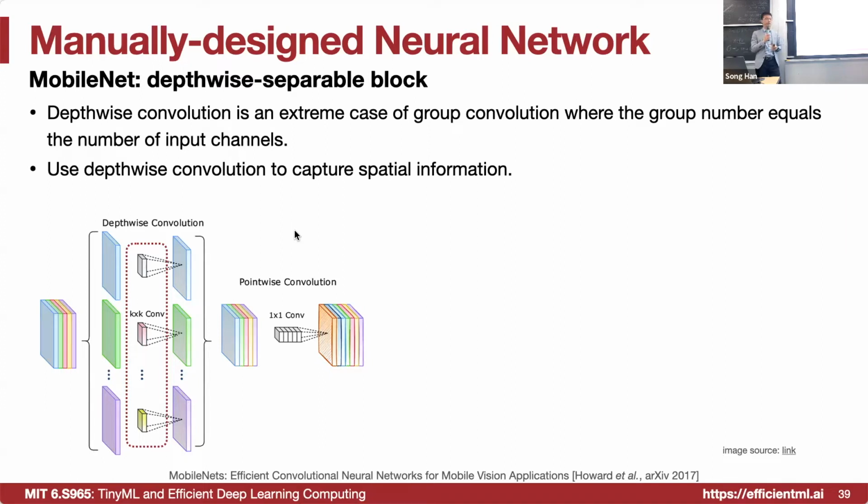So how do we merge the information across channels? We can use 1 by 1 convolution. So we have this separable convolution: the depth-wise conv is responsible for spatial modeling, and the 1 by 1 convolution is responsible for merging the information across different channels.